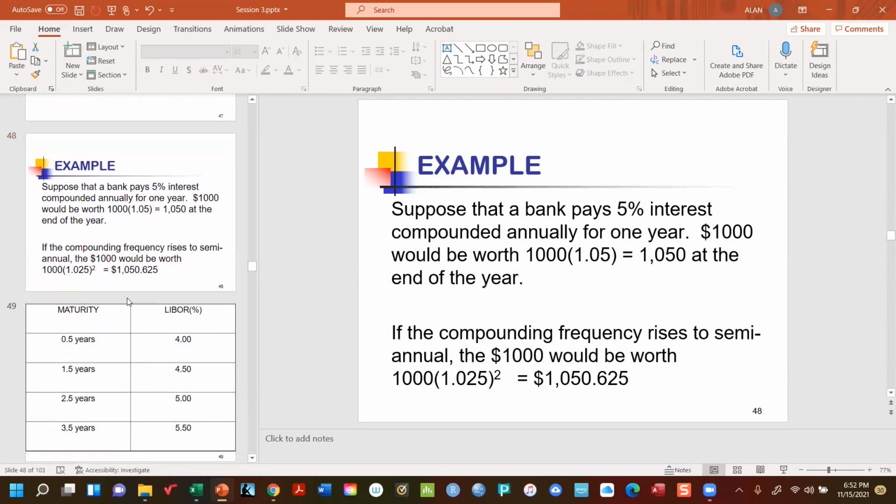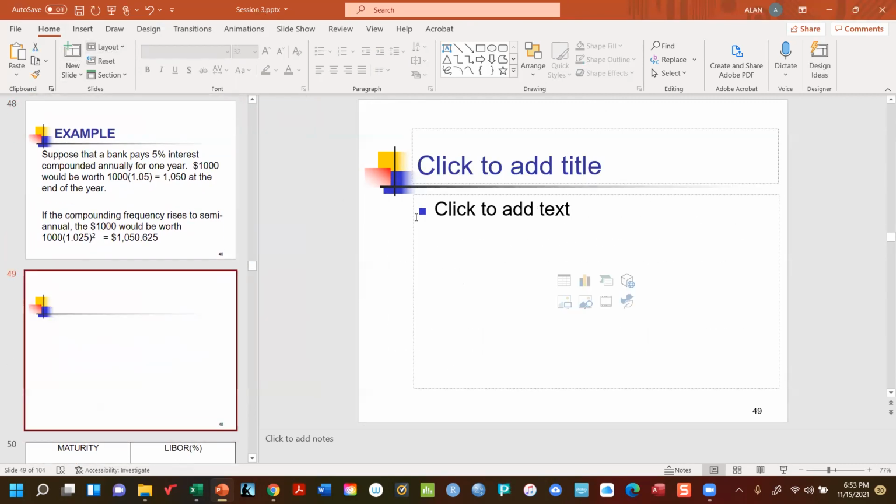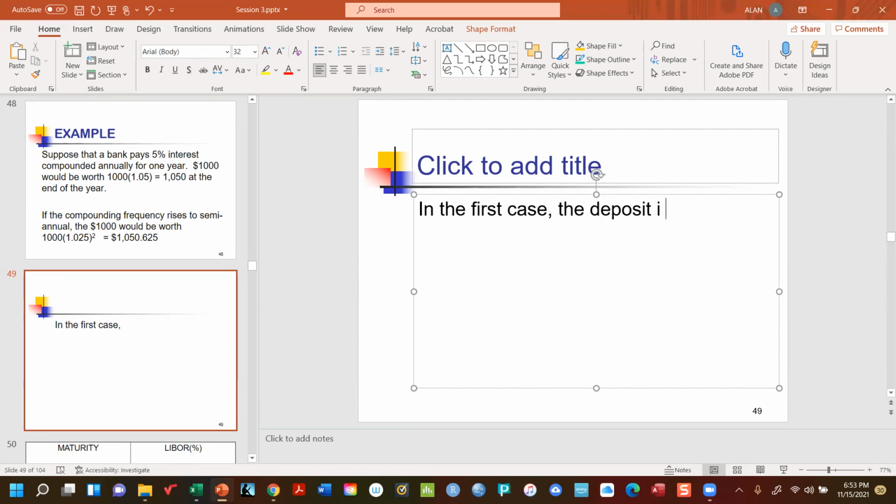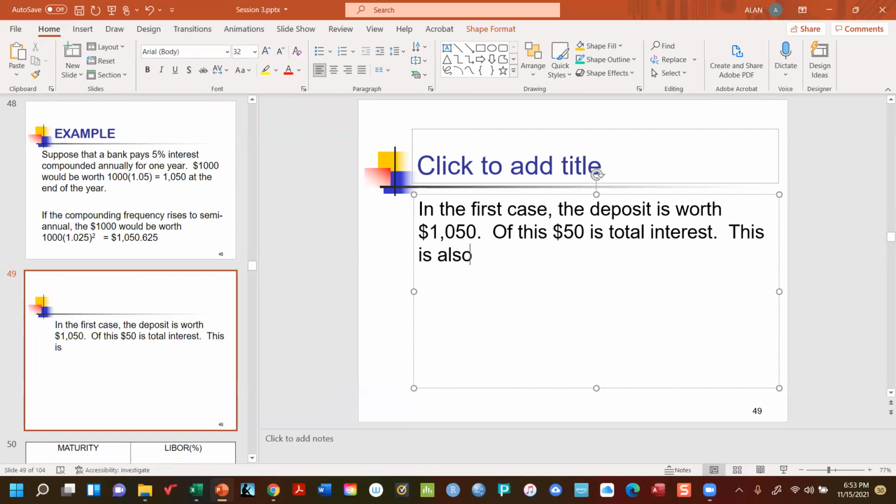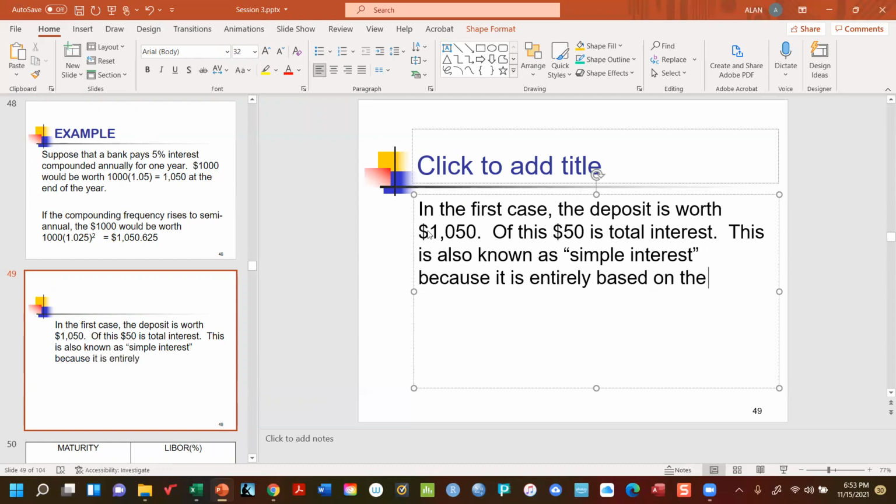And in fact, you may have heard these terms before. In the first case, the deposit is worth 1,050. Of this, $50 is total interest. This is also known as simple interest because it is entirely based on the principal.